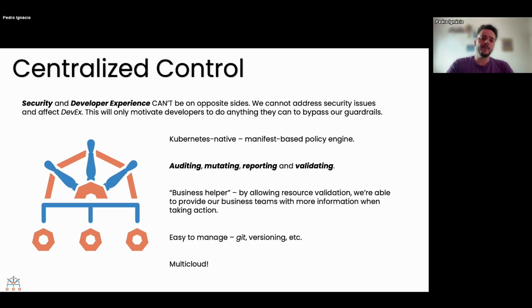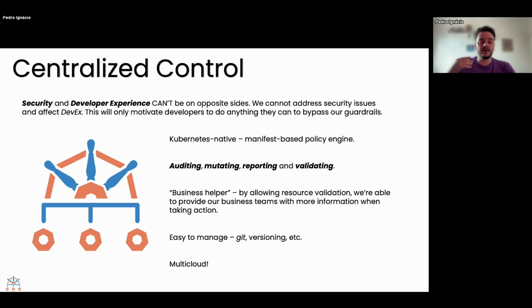Right. Of course, it's easy to migrate, so to manage. So we have Git and versioning, and this is basically basic GitOps subject. So yeah, I don't have to go deep on that. And of course, multi-cloud. As companies are moving towards using more than one cloud to offer a better service for developers and to offer a cheap platform for customers, it's important that we are able to apply the same standards and the same controls between cloud providers.